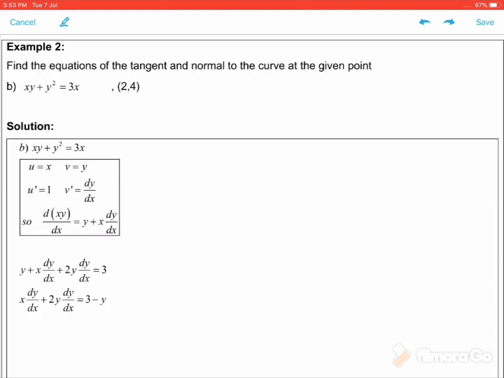After that, we factorize out the dy dx: dy dx bracket x plus 2y is equal to 3 minus y. After that, we move the x plus 2y to the right hand side as a divisor. So we will get dy dx is equal to 3 minus y over x plus 2y. So there's the dy dx for this function.